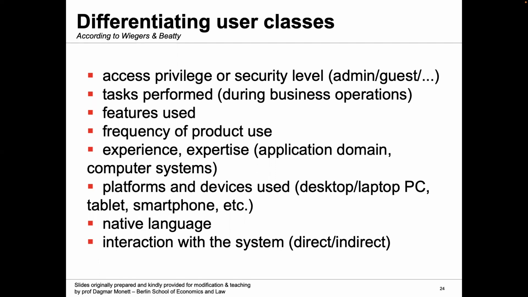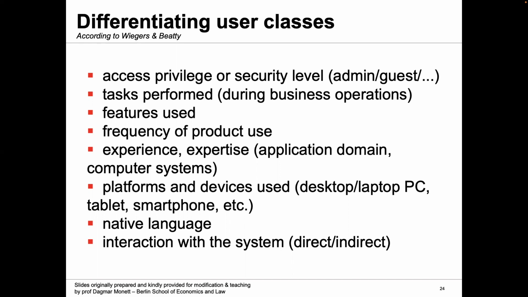Administrator means that they have a certain authorization. They have a certain right over others to control the system in a way that others don't. For example, they can shut down the system, or they can configure all the accounts in the system, or the networks in the system. So they have privileged access to that system.